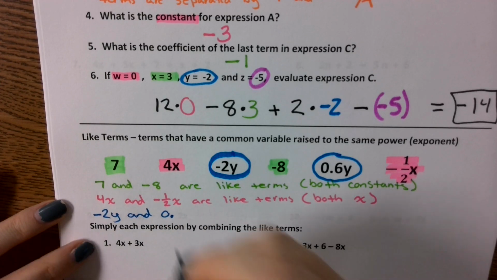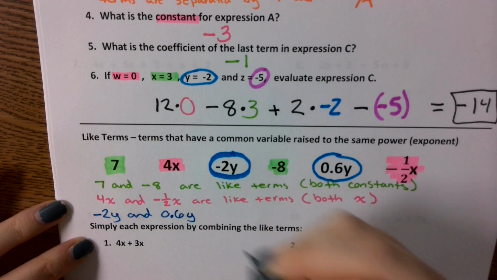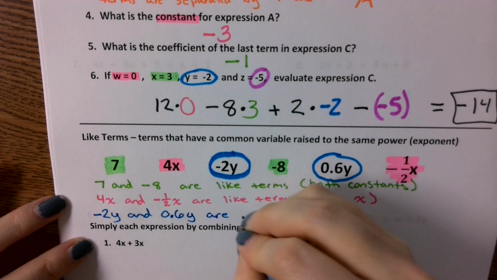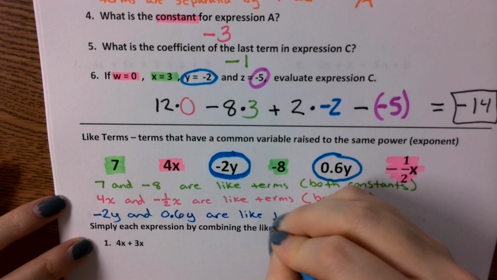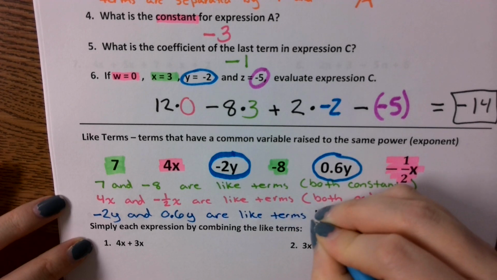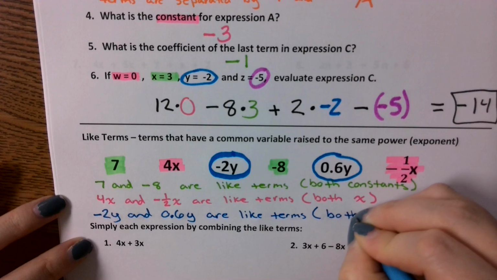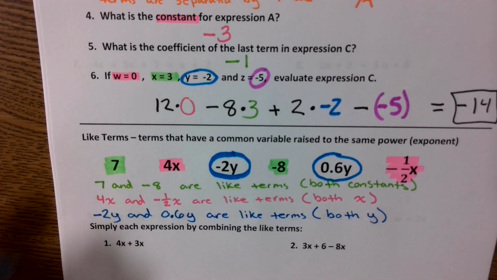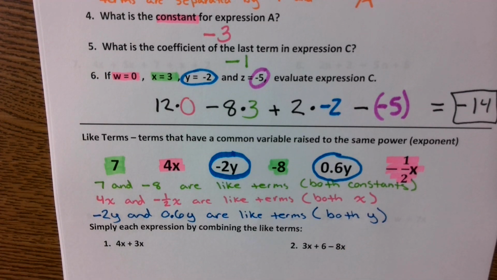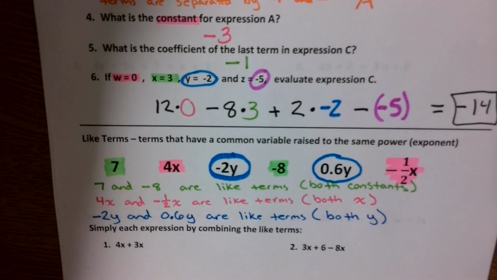Even though one of them is a negative whole value and one of them is a decimal, they are considered like terms because of their variable. Their variable is in common. So when we are looking to combine like terms, we are looking for commonality, common variables that they share.